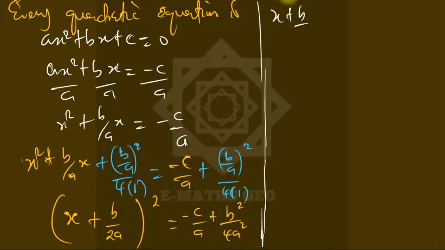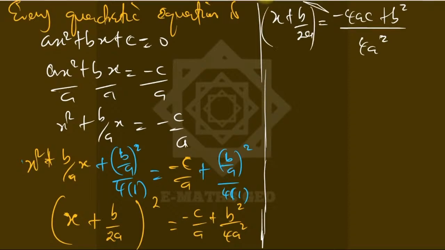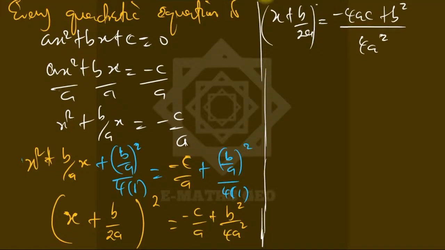The first thing to do when we're looking for x is to move the square. On the right-hand side, the LCM is 4a squared, so I have minus 4ac and plus b squared. Next is to solve for x, so I'll first move the square to the right-hand side, and when you move a square it becomes a square root.